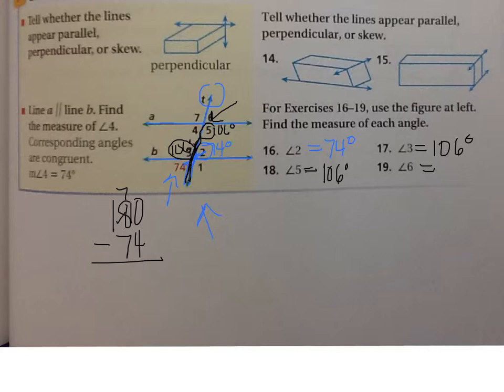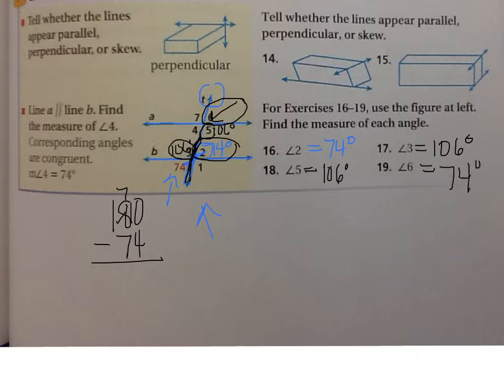No, it's a slide down to the same position on the other parallel line. So here's 6. If you slide down to the same position, what angle is the corresponding angle? Angle 2. Do we know angle 2? Yep. What is it? 74 degrees. Therefore, angle 6 is also going to be 74 degrees.